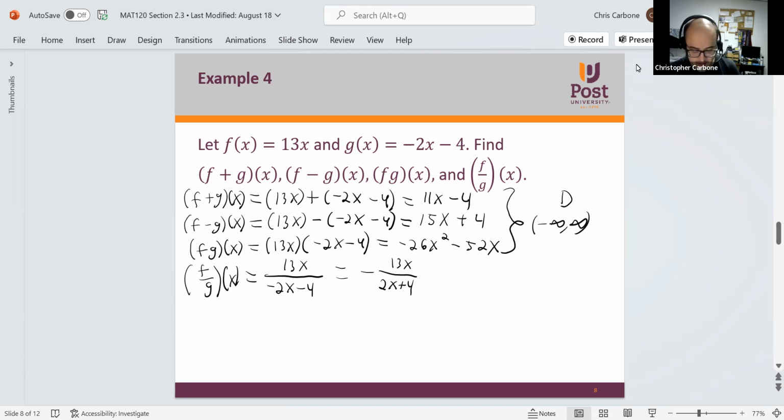And essentially the same thing. The only thing with this denominator, though, is that x cannot be the value of, in this case, negative 2. Because if we had negative 2, it makes 0 in the denominator. So the domain for this is negative infinity to negative 2, union negative 2 to infinity.